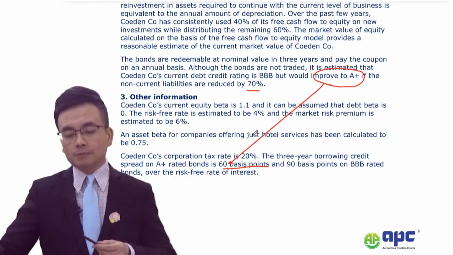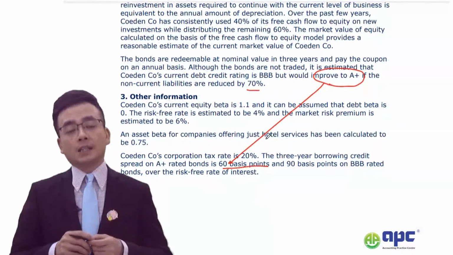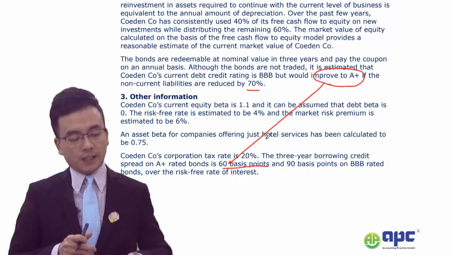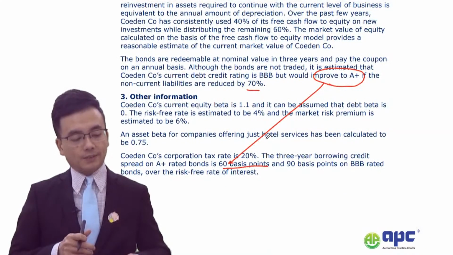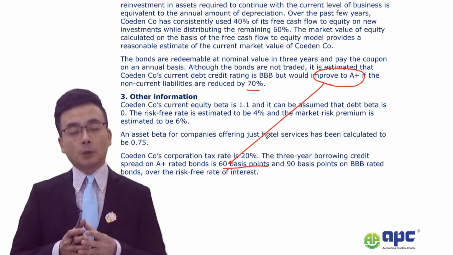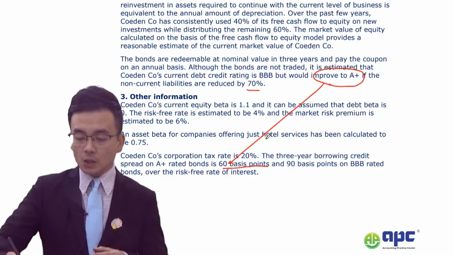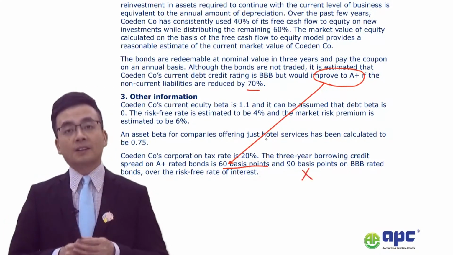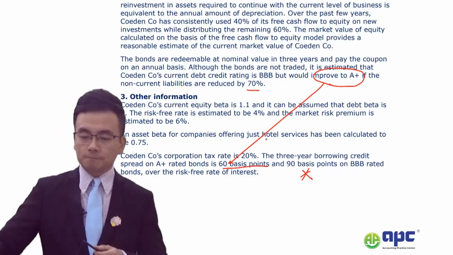So that's why when we calculate the cost of debt in a second, after the proposal, we need to plot 60 basis points, but before the proposal, I will need to account for 90 basis points.